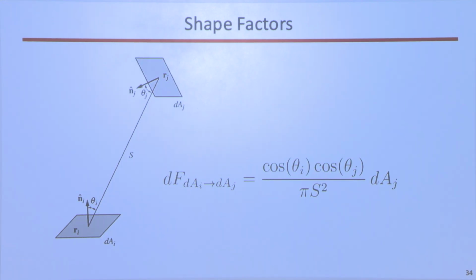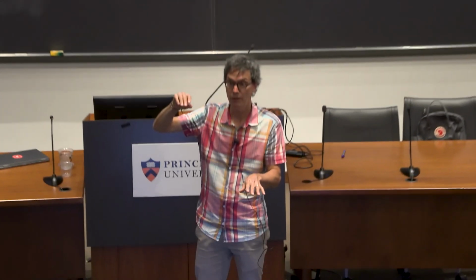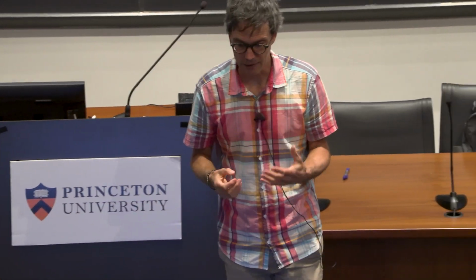It depends on pi times the distance squared and the angles, cosine theta i, theta j. But in Python, this is a relatively simple calculation to do. So if the camera knows for every pixel its temperature, its emissivity, and its relationship to the heat flux gauge, then you can sum over all the pixels and estimate the heat flux at the heat flux gauge.